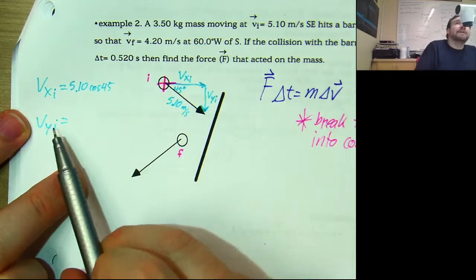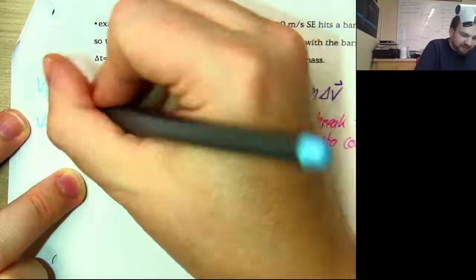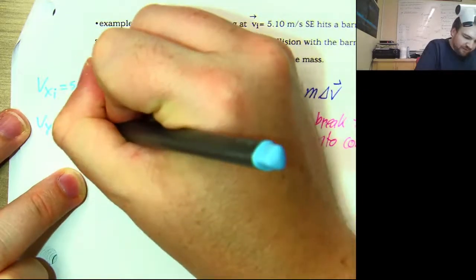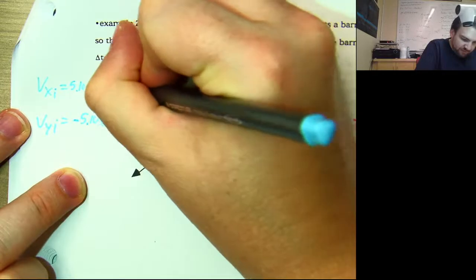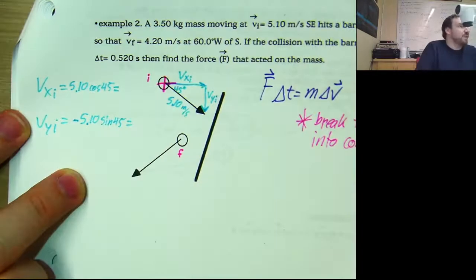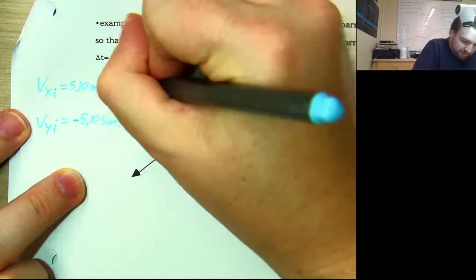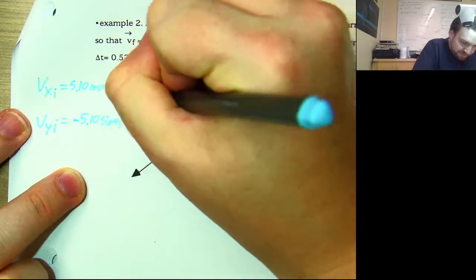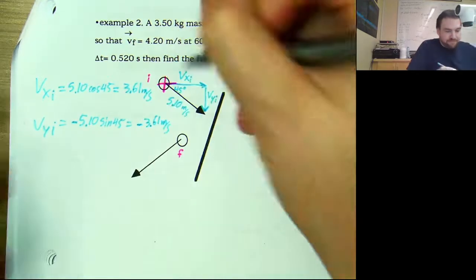And Vy, we can see Vy here is going downward, so I'm going to put that negative in there implicitly. Negative 5.10 sine 45. The beauty of 45 degrees is what? Sine and cosine are the same, the only difference being that negative sign. So this guy is going to be 3.61 meters per second, and this is going to be negative 3.61 meters per second.